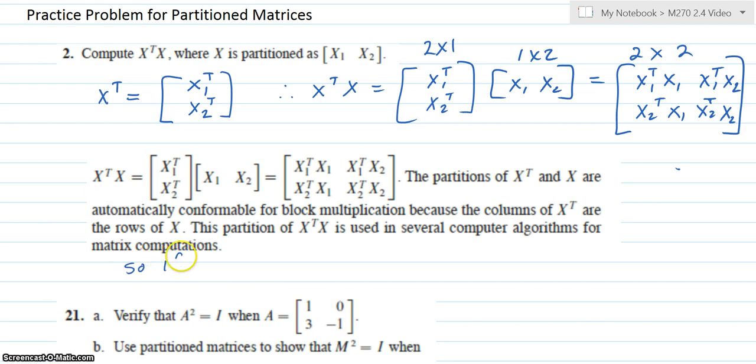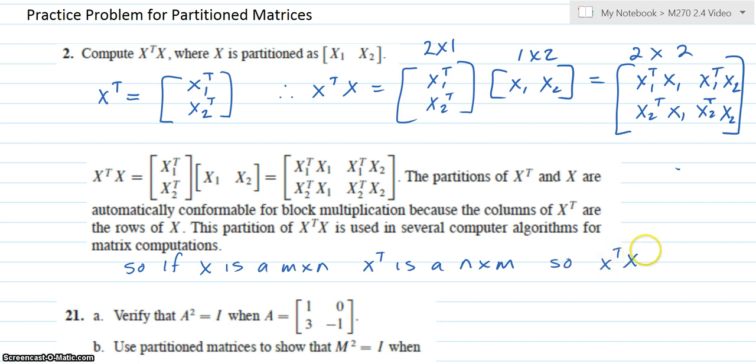So if x is an m by n, x transpose is an n by m, and you're going to multiply those together.